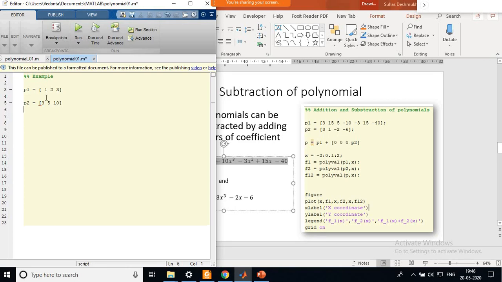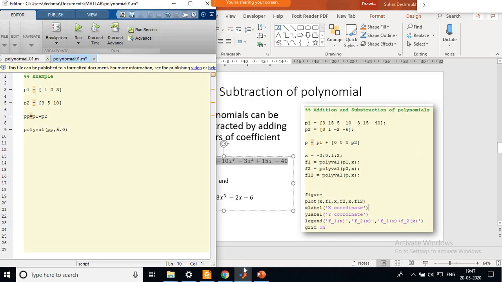Then I want to add this. So now I can have p equal to p1 plus p2, simply because both have the same size of polynomial, so I can directly add it up. And then I can use polyval of p at 5.